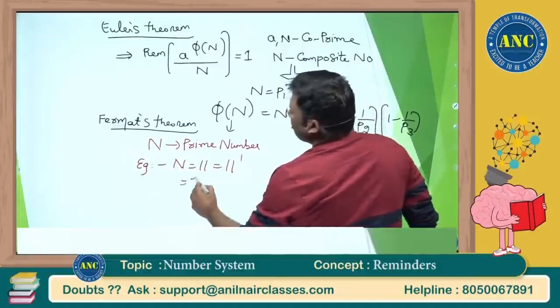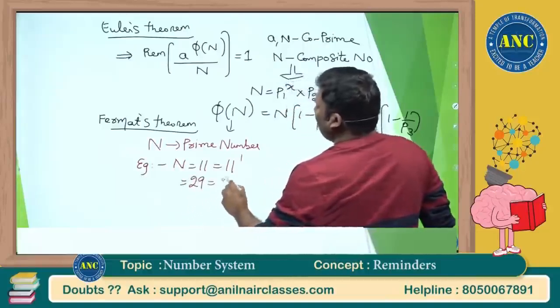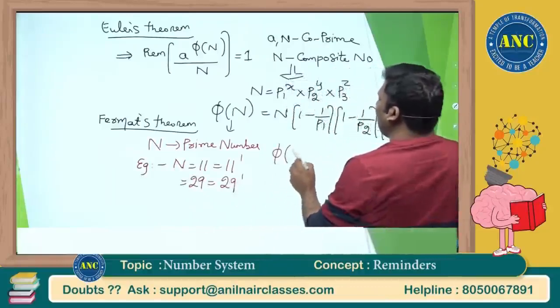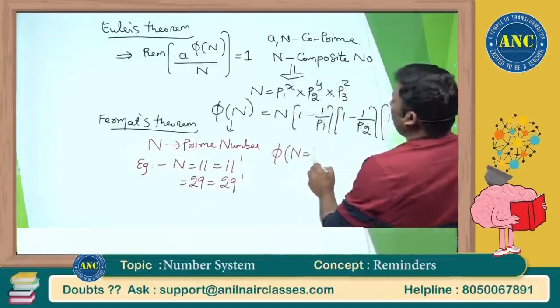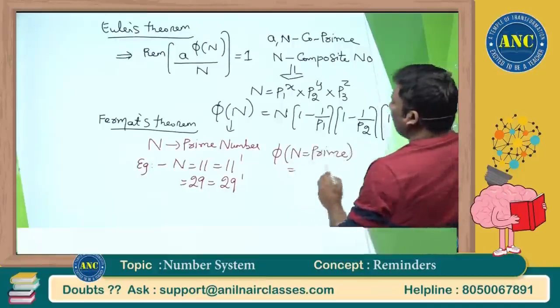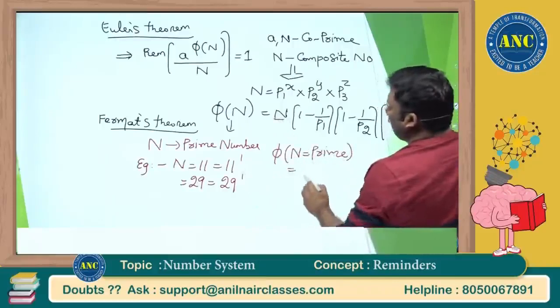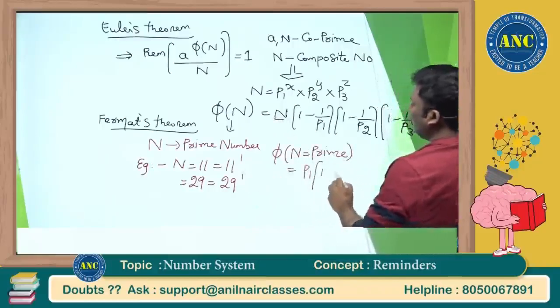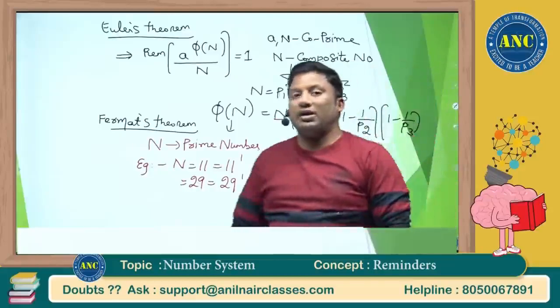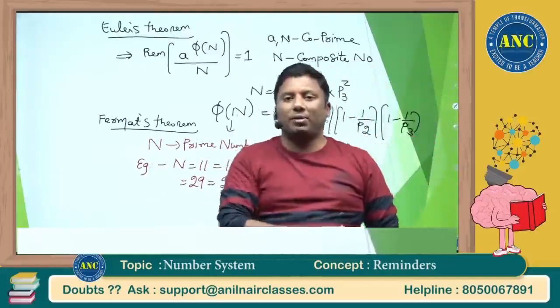If n is 29, this can be written as 29 power 1. So the quotient of a prime number is nothing but n, which is P1 into (1 minus 1 by P1). Any prime number can be written as a single power of a prime number.